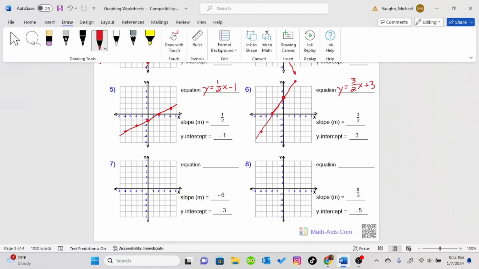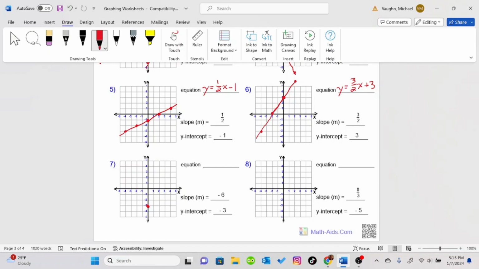Number 7. The y-intercept is negative 3. We go down to y is negative 3, and we put our y-intercept. The slope is negative 6. That would tell us to go down 6, right 1, but we run out of graph here. So what we can do is the opposite to get the previous point.